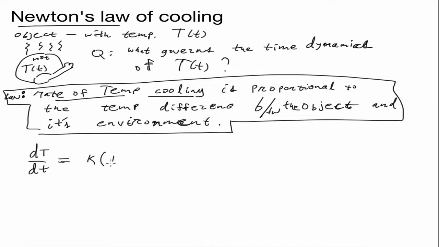And then we're going to write T environment, TE minus T. Okay. Where K then is our constant of proportionality. K is some constant, and of course TE is the temperature of the environment.